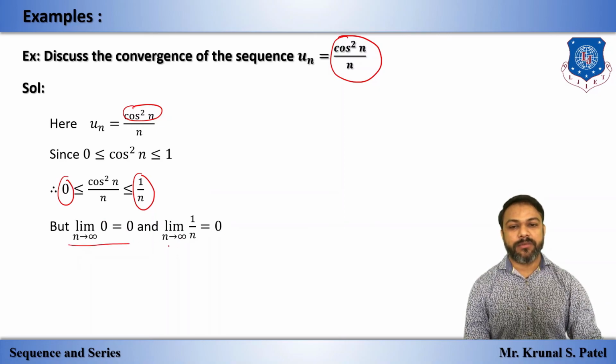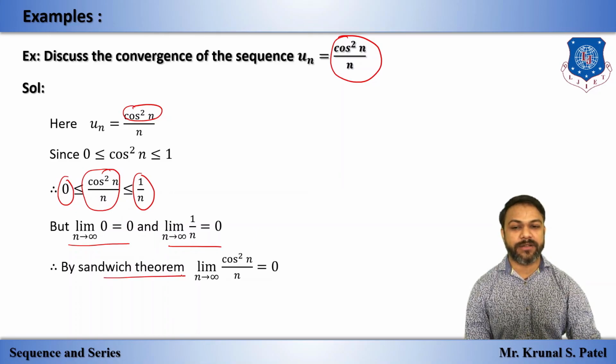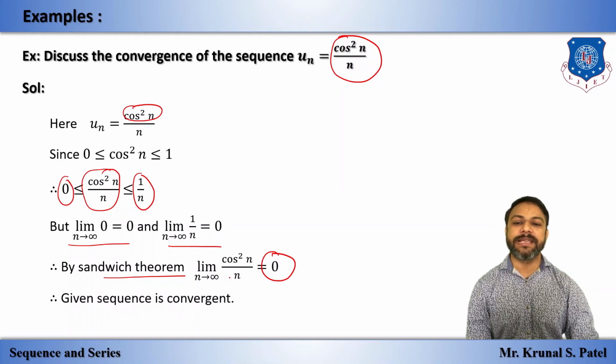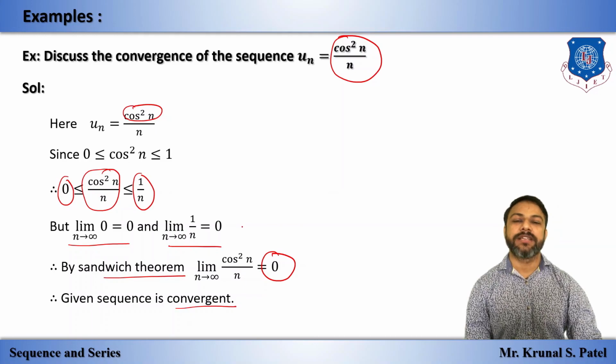So both limit values are 0, so the limit of cos square n by n is also 0 by the sandwich theorem, and this is finite, so we can say that the given sequence is convergent. Simple, so easy.